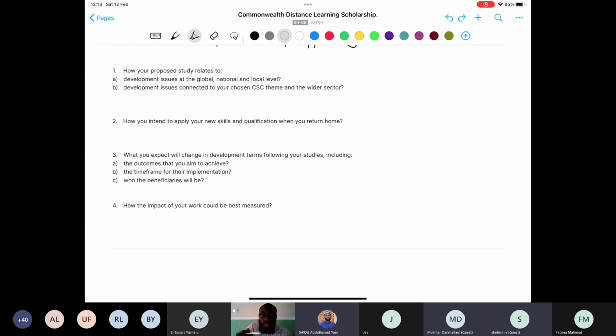So the questions you are expecting here, under the distance learning, are these 4 questions. Then your personal statement, then your relevant document you might upload. And so the first question is how your proposed study relates to 1A, that's the developmental issues at the global, national, and local level.